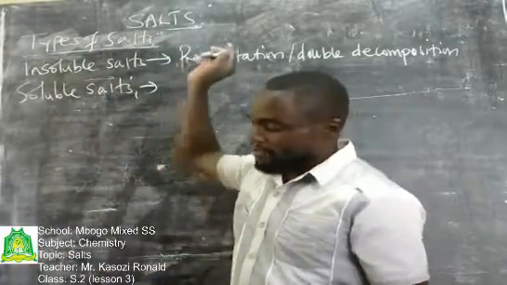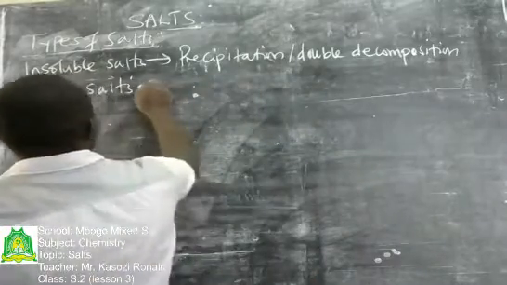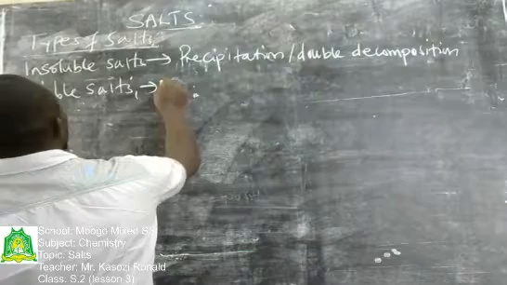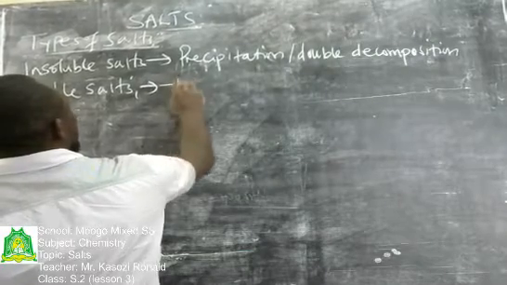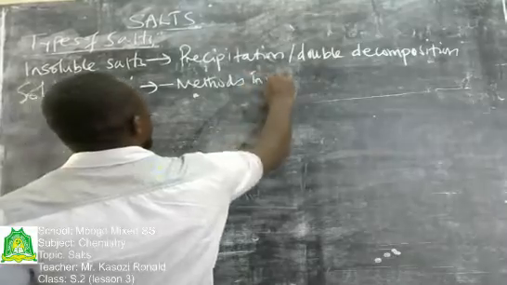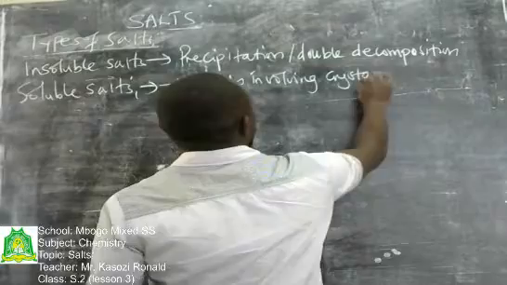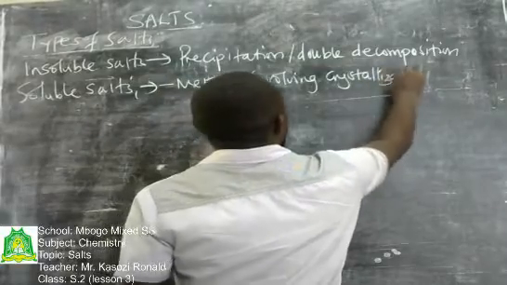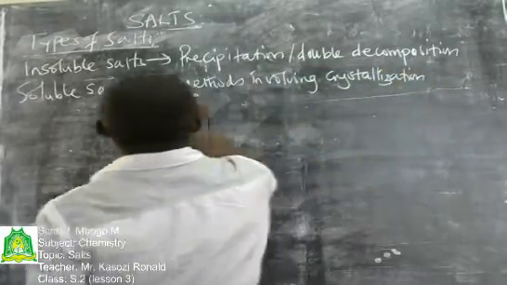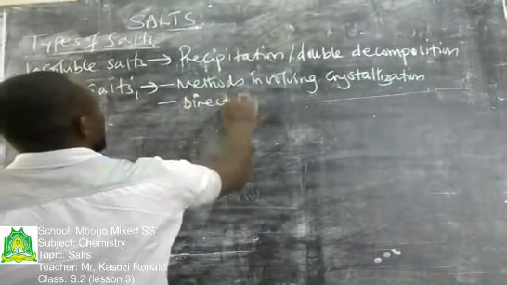Soluble salts are prepared by methods involving crystallization, or we can use what we call direct synthesis.